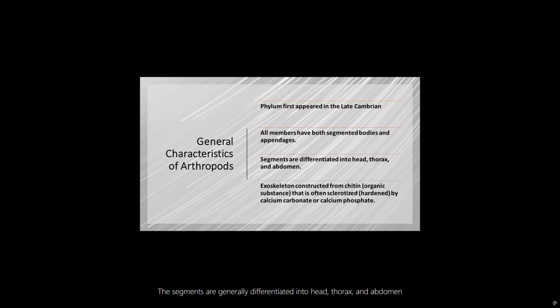The segments are generally differentiated into head, thorax, and abdomen, with the exception of the trilobites, which have different names for their segments. Arthropods have exoskeletons constructed from chitin, which is an organic substance that is often sclerotized or hardened by calcium carbonate or calcium phosphate.